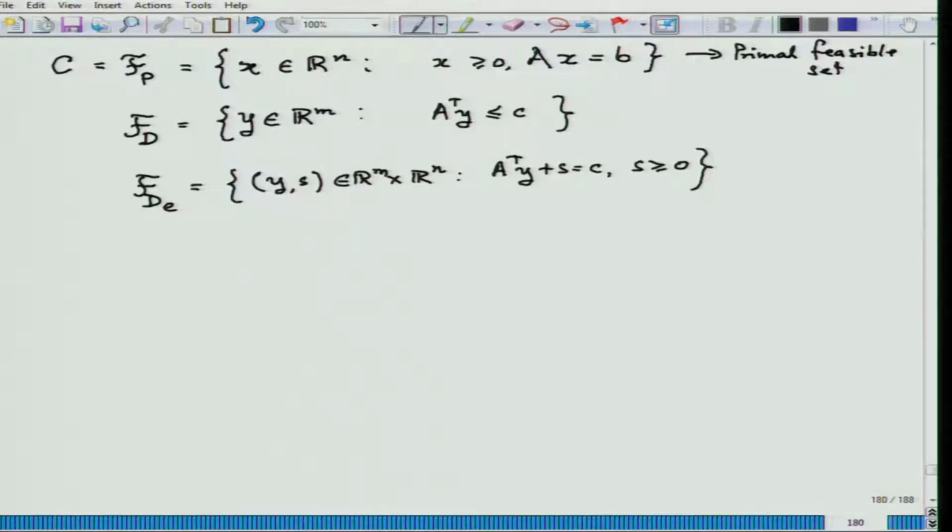Apart from these two sets, we would also require interiority, that is, the set of strict feasible points. We will have to put some sort of interiority conditions. So, this is called the dual feasible, dual equivalent, dually feasible we can say. We are just inventing some symbols, but that is what it is.